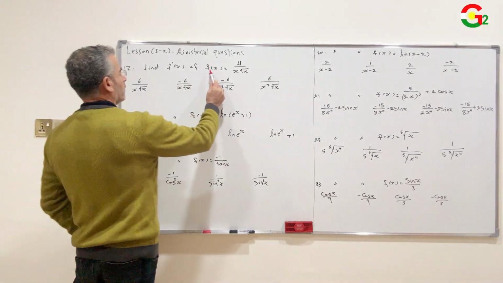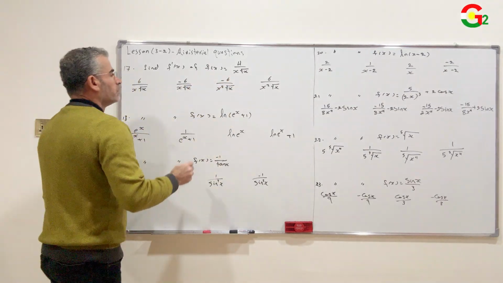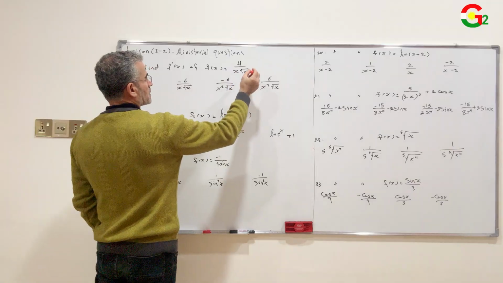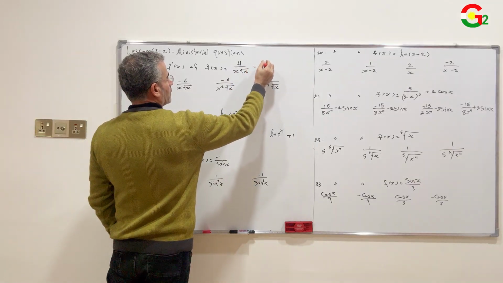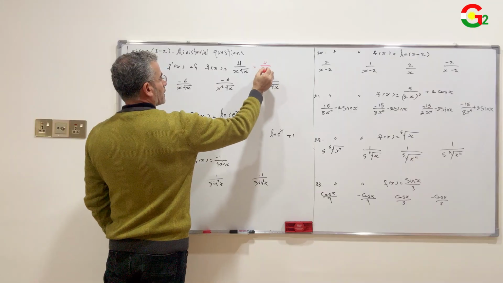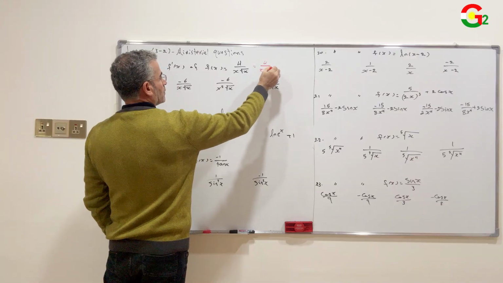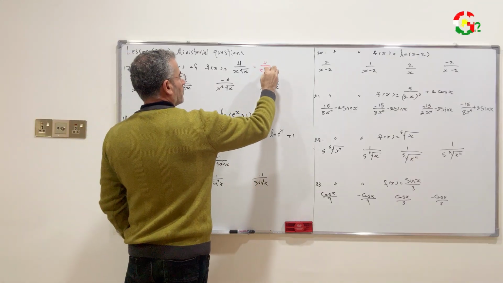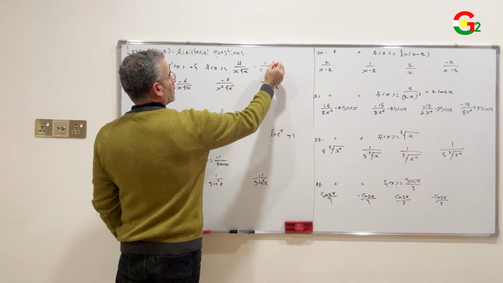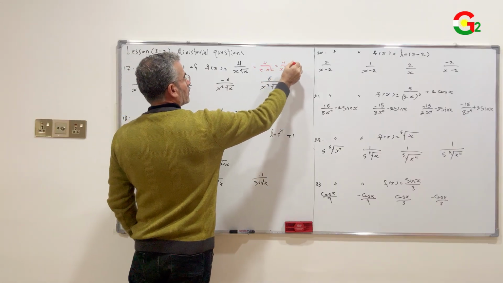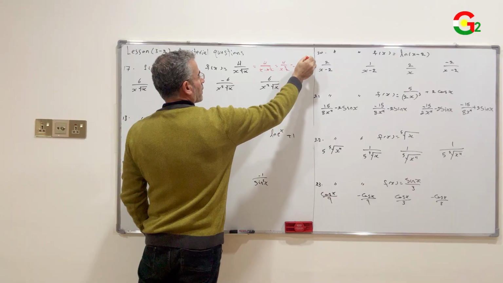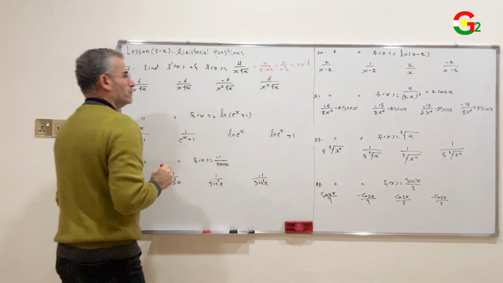Question number 17. Find the derivative of f of x equal 4 over x square root x. Rewrite this function as 4 over x times x to the power half, equal to 4 over x to the power 3 over 2, equal to 4x to the power negative 3 over 2.